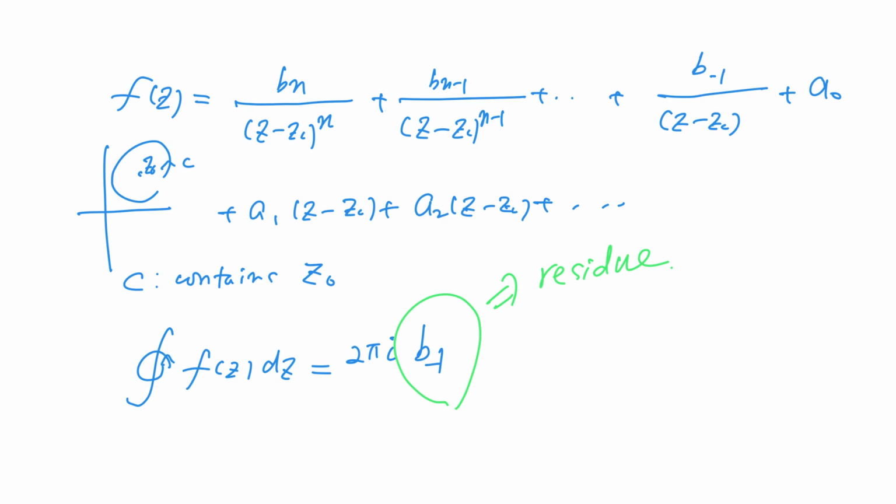And we say f(z) has a pole of order n. And this series expansion is called the Laurent series.